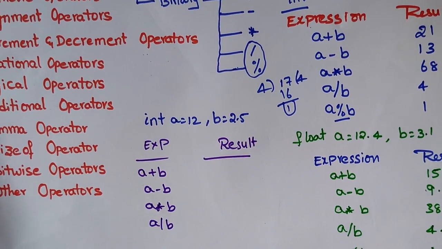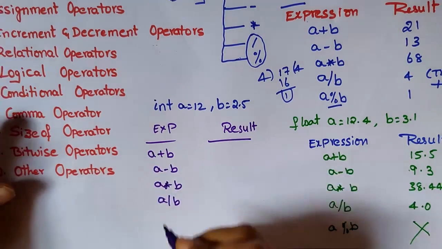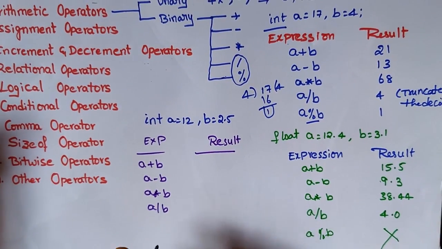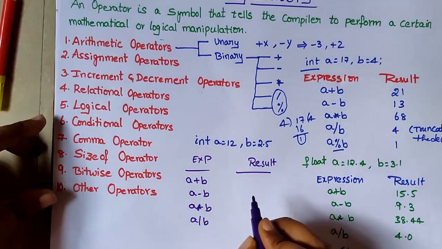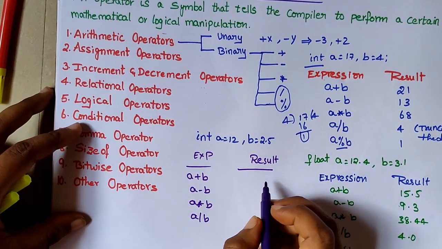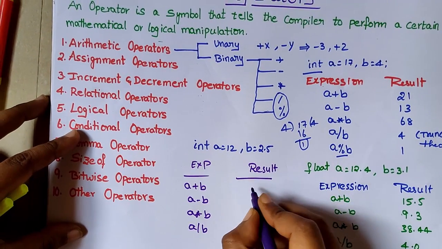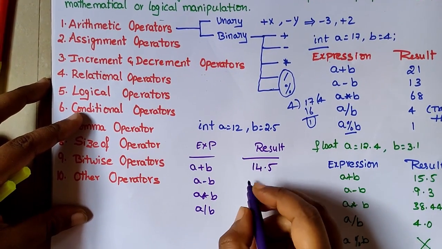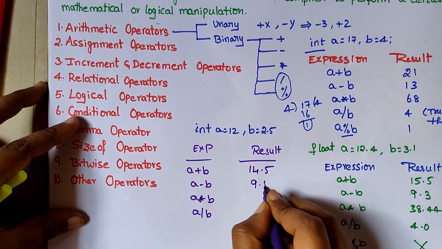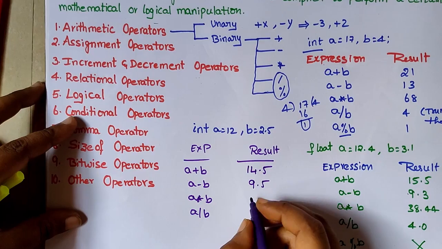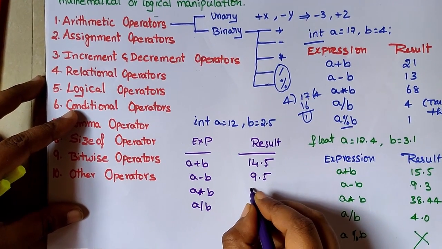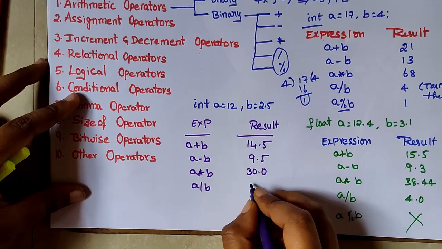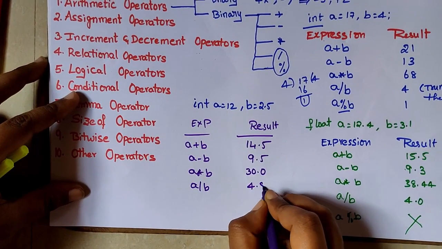We call this mixed mode arithmetic because we are using a float. Addition gives 14.5, then subtraction and multiplication, and division, a by b is 4.8.